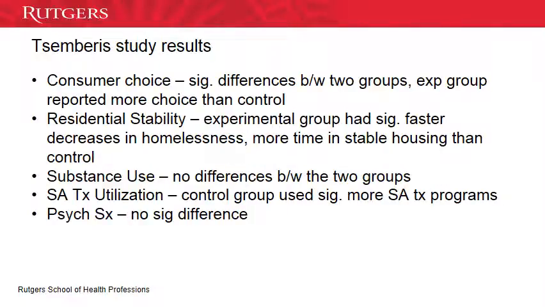What they found related to consumer choice was a significant difference between the two groups, where the experimental group, the housing first group, reported more choice than the control.